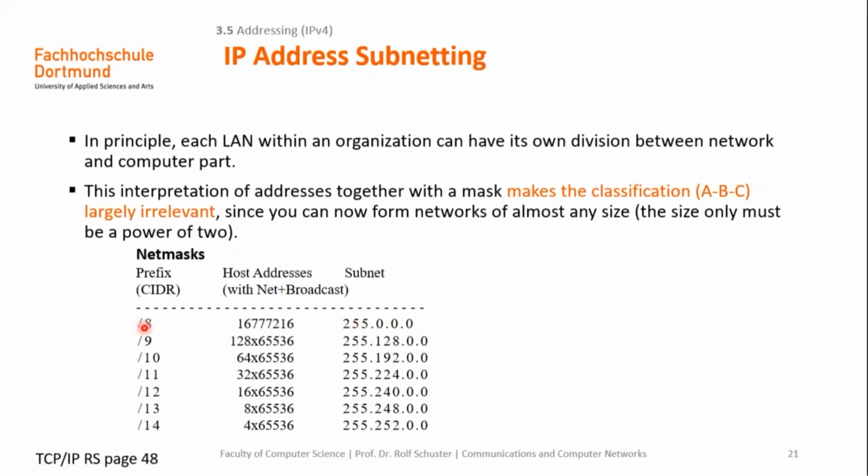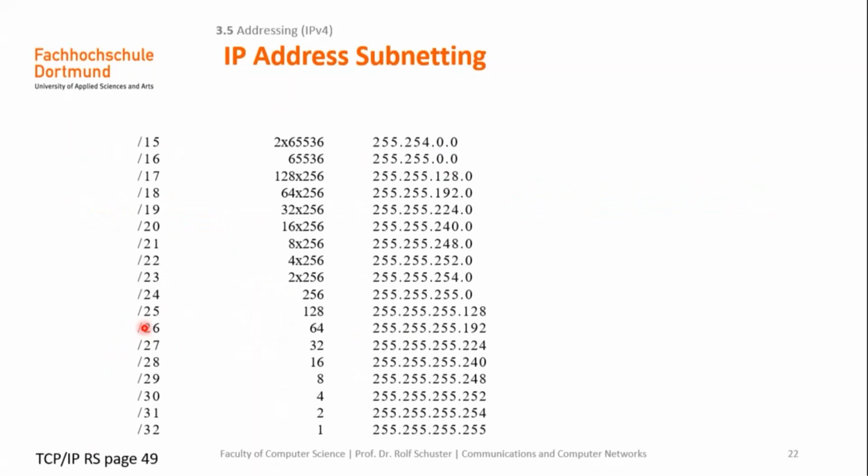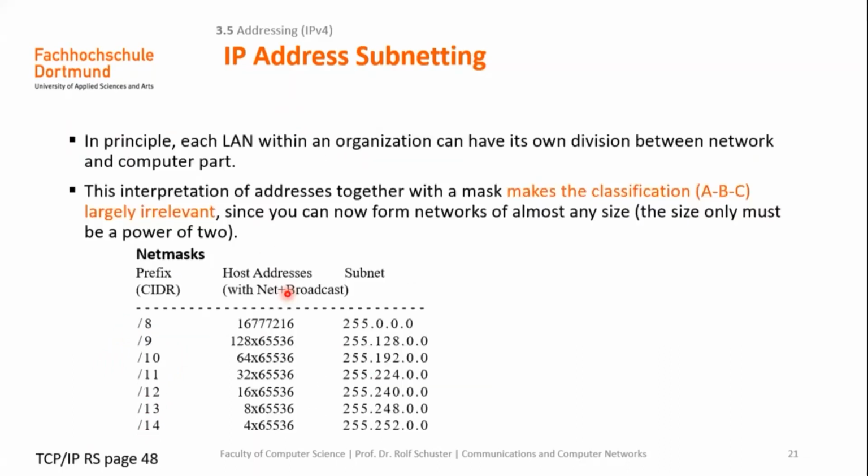And here you have the complete table that relates the net mask with the dot decimal notation of the net mask and the number of host addresses, but this number includes the network address and the broadcast address.